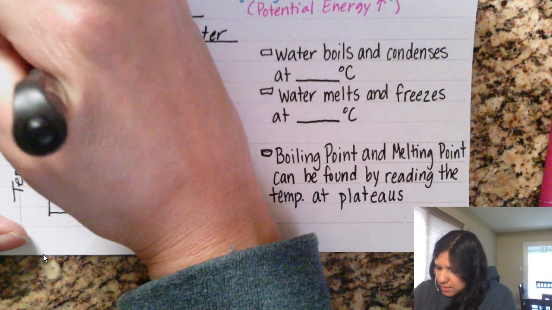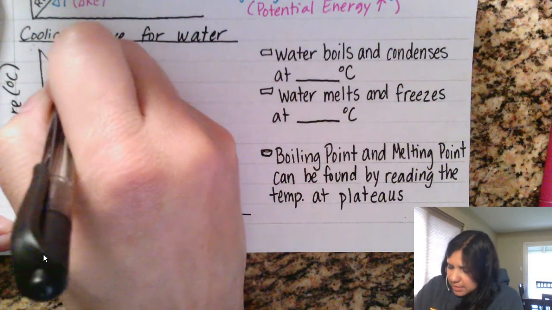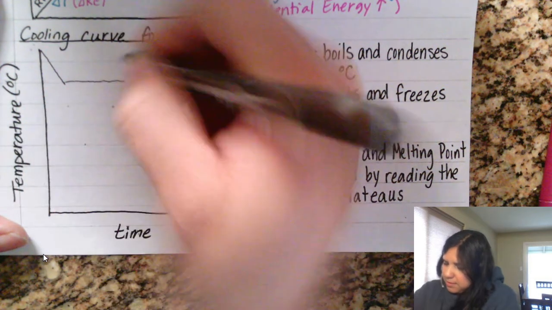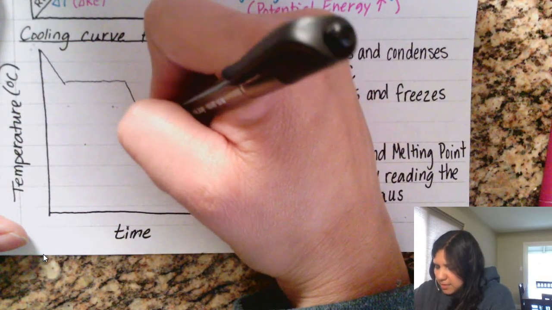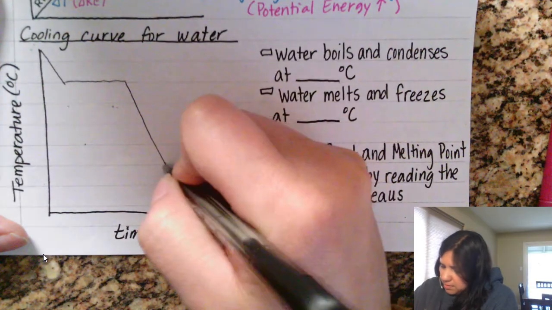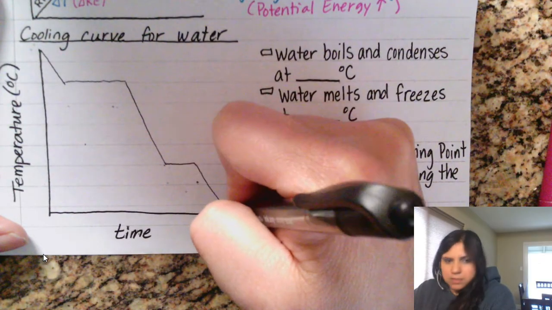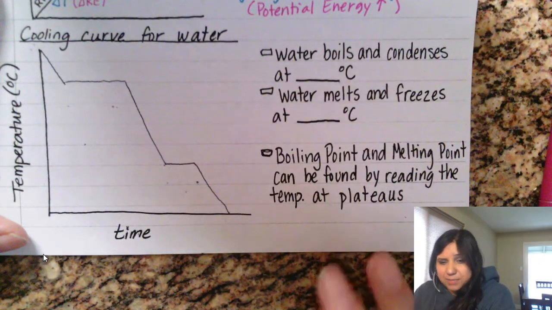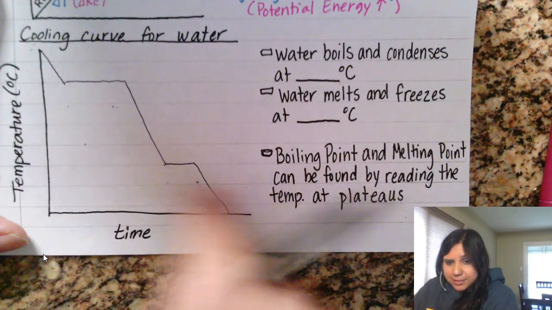So we'll draw a line. Then it condenses. Then we have a flat line, and then it goes like this. Small little liquid to solid line up here. So we still have our 5 segments. We still have 2 flat lines and 3 diagonal lines.